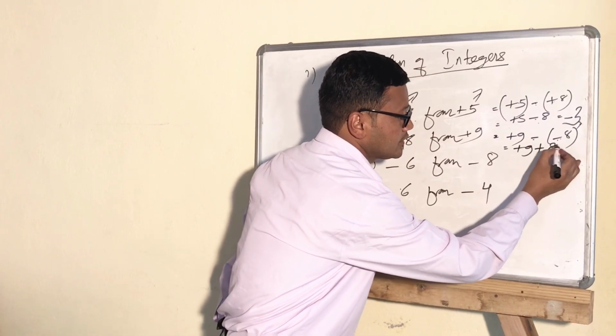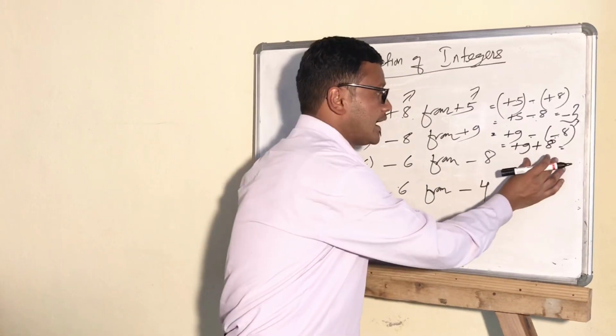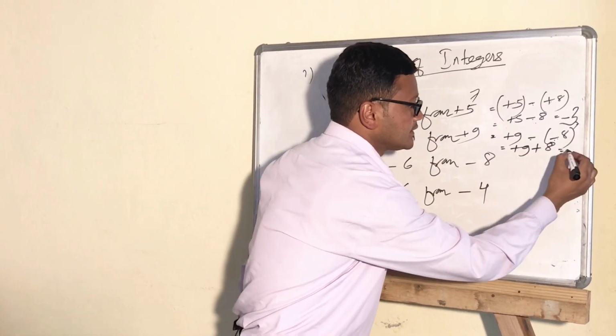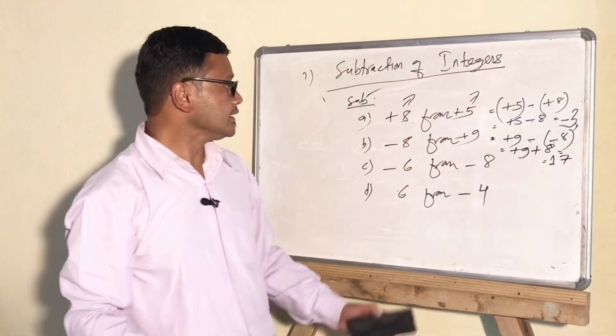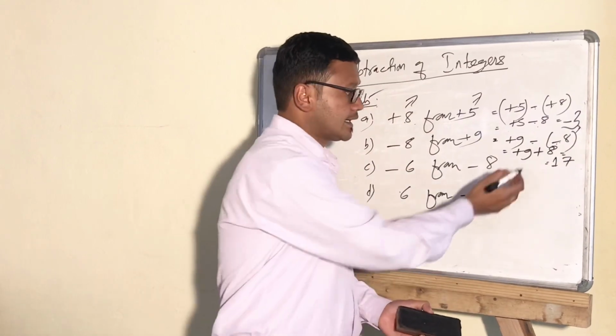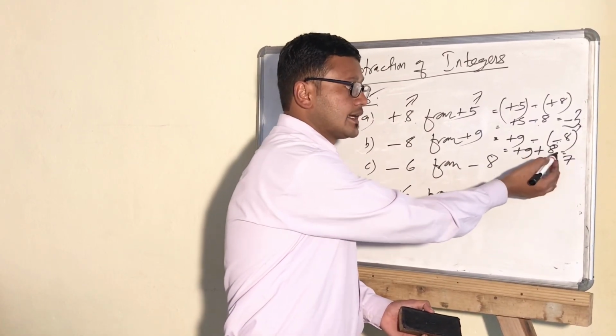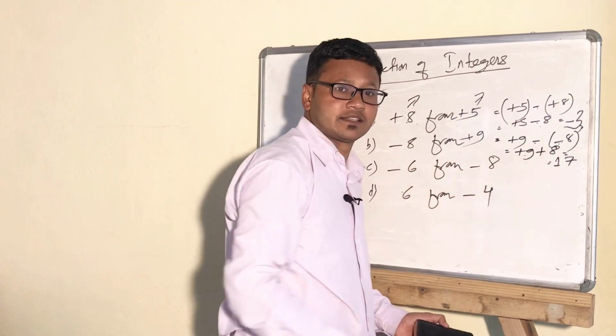Don't be confused, here we have to add. 9 plus 8 is 17. Because we are doing subtraction, but because of this sign we have to add. The sign of the 9 is plus, the sign of the 8 becomes plus. That's why 9 plus 8 is 17.